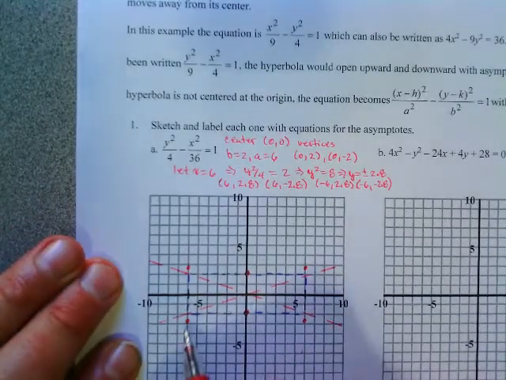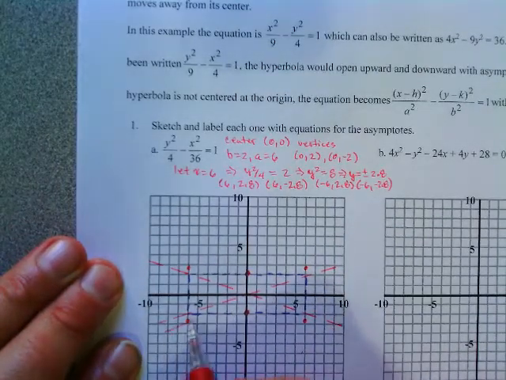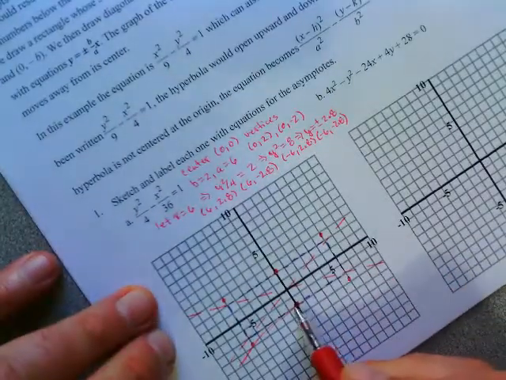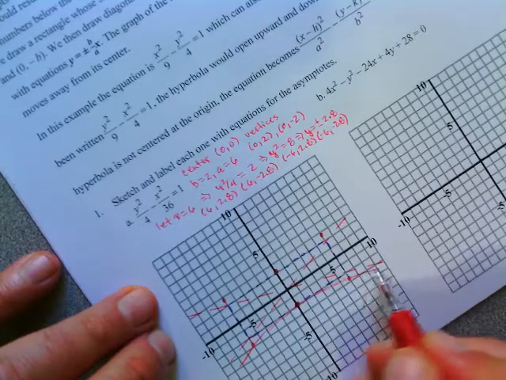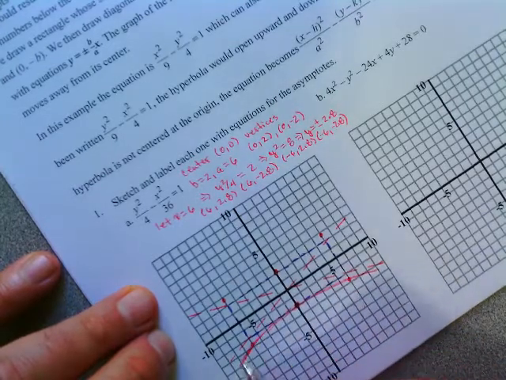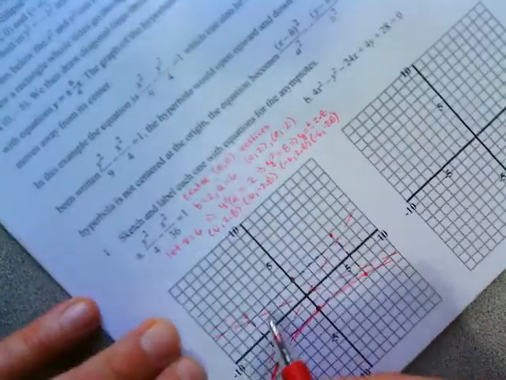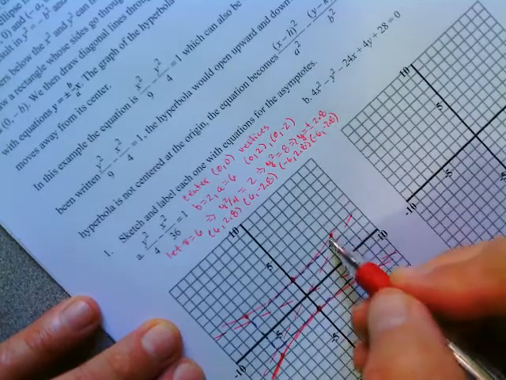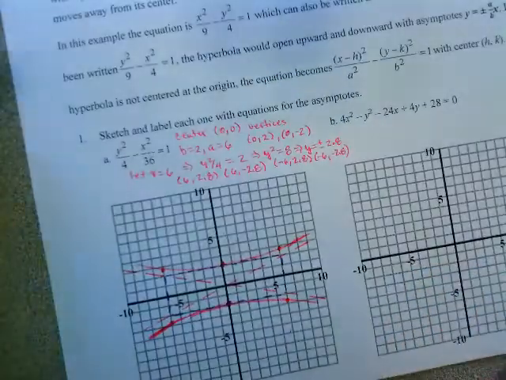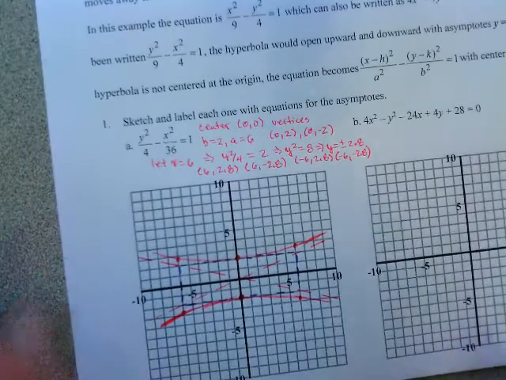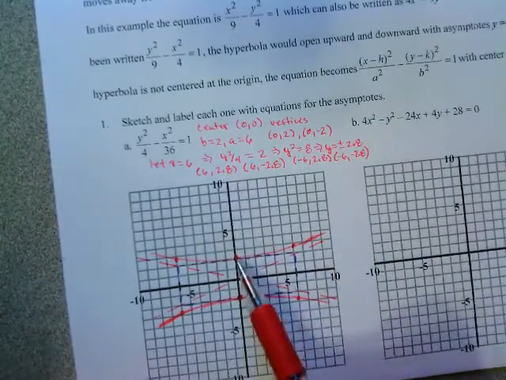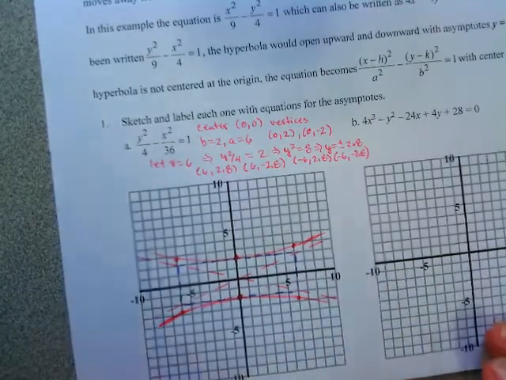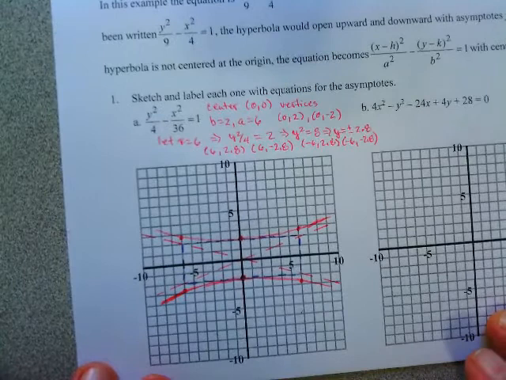So what I know is, at a minimum, this graph has to do this, and then the same thing over here. If I wanted lots more points, notice I went all the way out to 6 here. It would just get closer and closer to those two diagonal lines, those asymptotes.